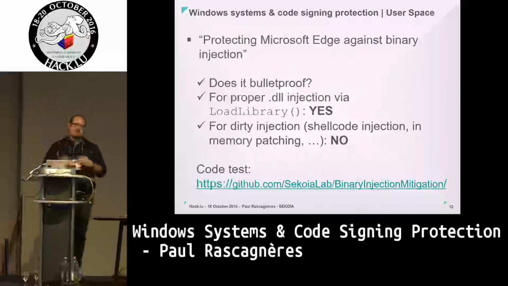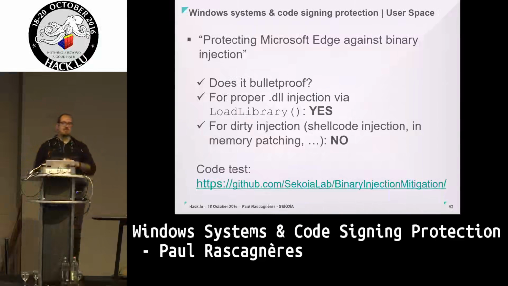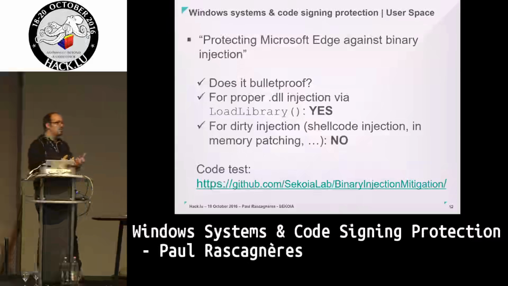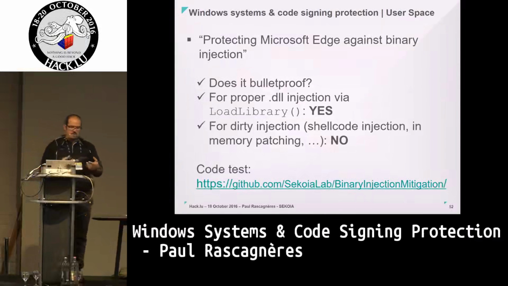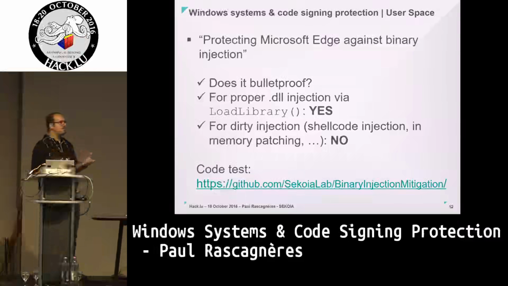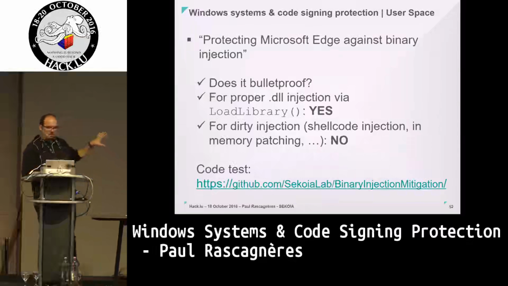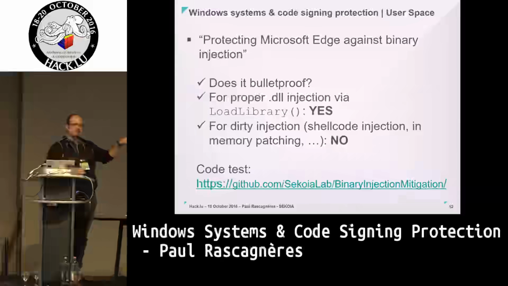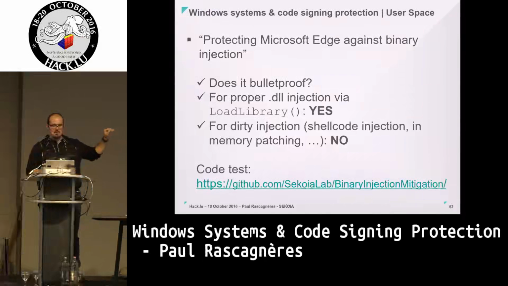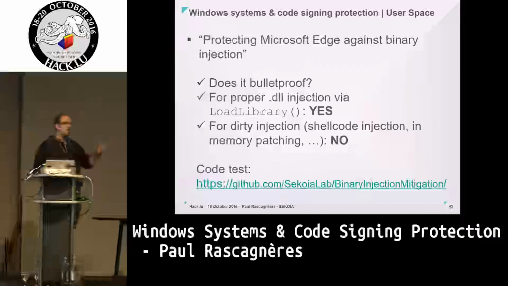But if you make what I called on my Slack a dirty injection, so not a real library, but for example, shellcode injection or memory patching, etc., it does not work because you never used load library. So it's a real protection against load library execution, but not against shellcode execution. If you want to perform shellcode execution, it's not a problem. If you want to test, on our GitHub account, I created a binary injection mitigation project, and it's simply an injector with two options.